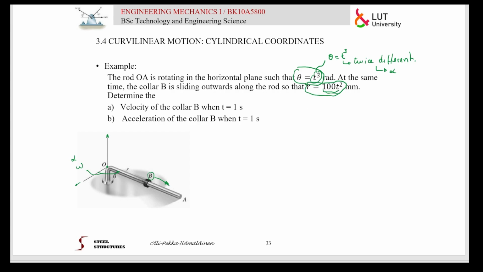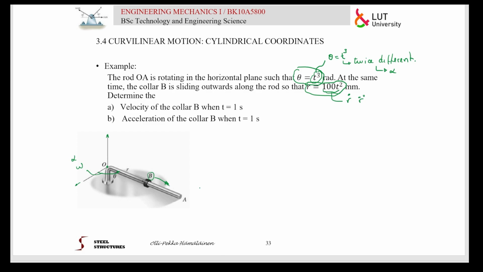And is this formula twice differentiable? Yes, it is. So it means we're going to have a linear velocity of this collar and a linear acceleration. I call it linear because if I forget about the rotation of the rod, the only thing remaining is a linear movement of the collar B along the rod OA.